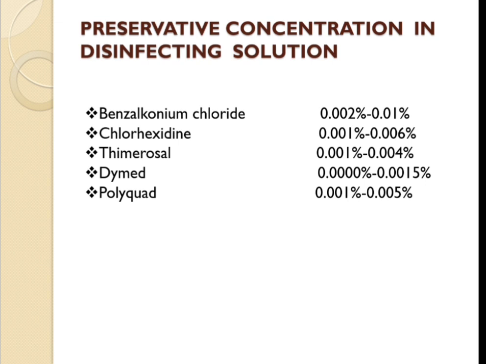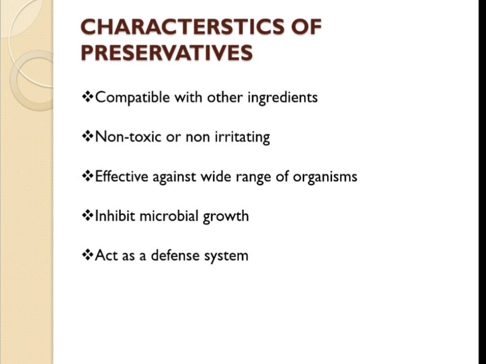We have chlorhexidine at 0.001% to 0.006%, thimerosal, diamide, and polymer. These preservatives are present in the contact lens solution to inhibit the growth of microorganisms, so that bacteria can't grow once the bottle is open.